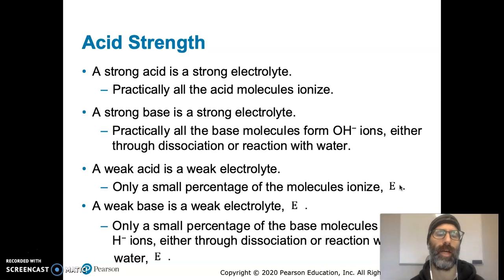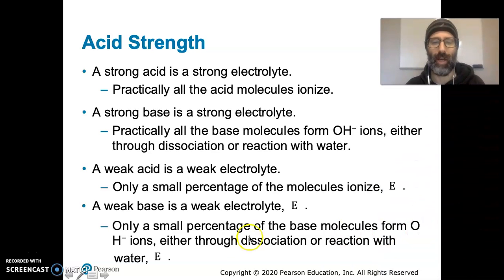It's a weak electrolyte. Only a small percentage of the base molecules form OH minus ions, and this is either through dissociation or reaction with water. And again, this arrow here should be a double arrow representing an equilibrium of sorts.